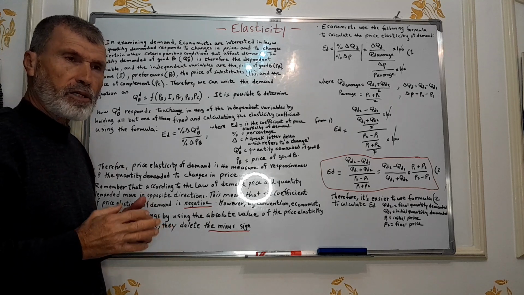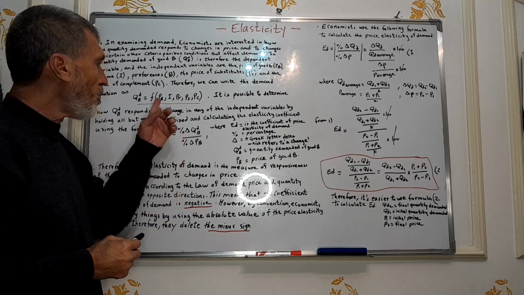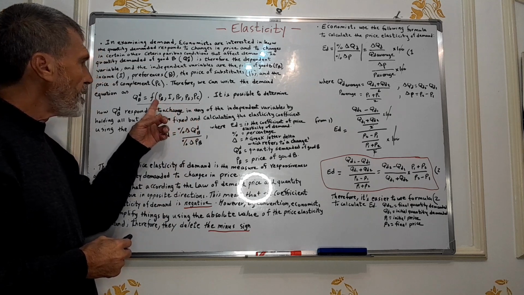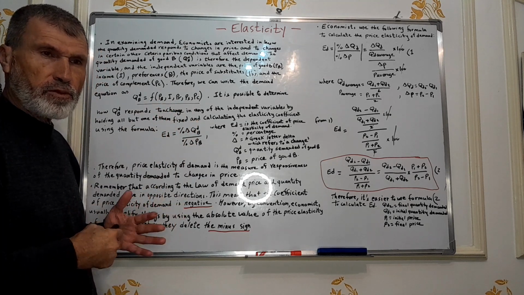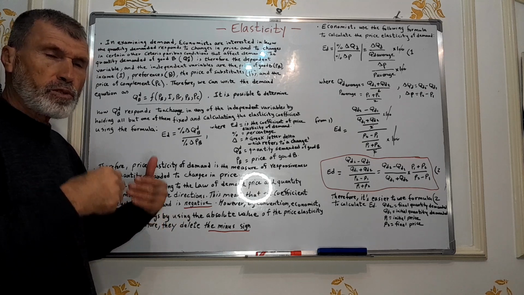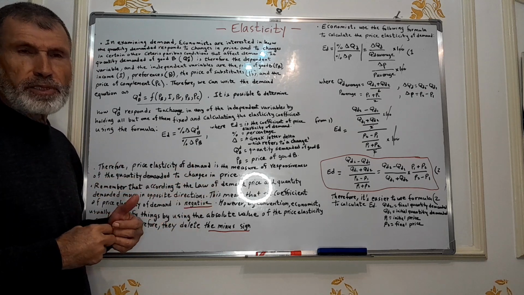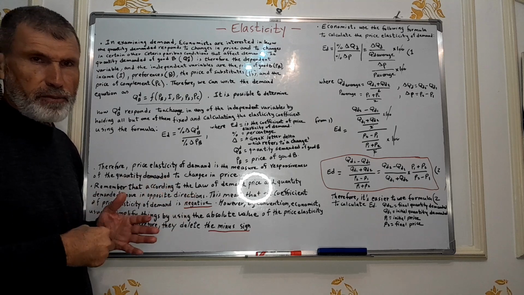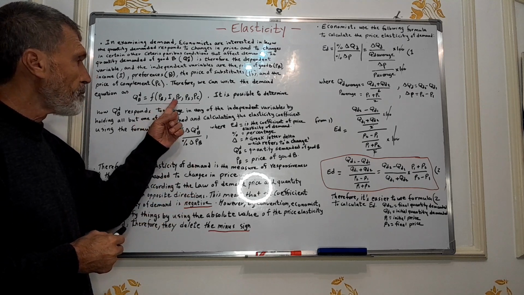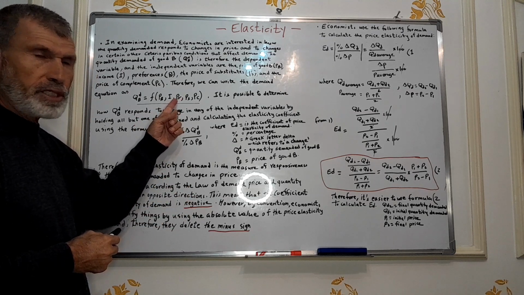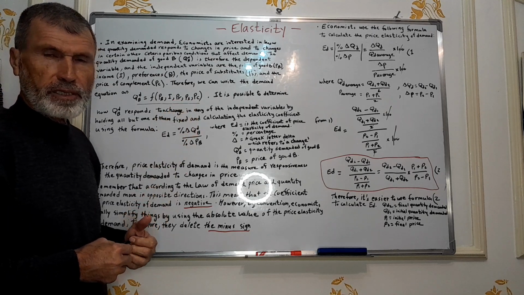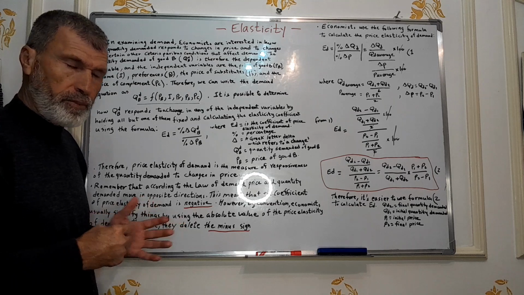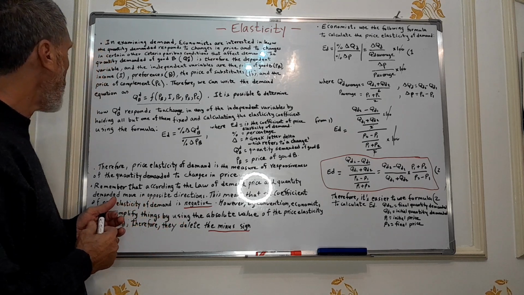So it depends on all these, in addition to its own price, the price of good B, it depends also on the other ceteris paribus variables such as income, preferences or taste, price of substitute PS, and price of complement PC.